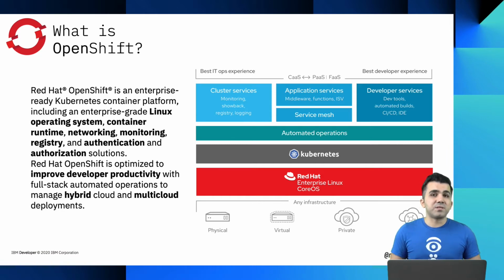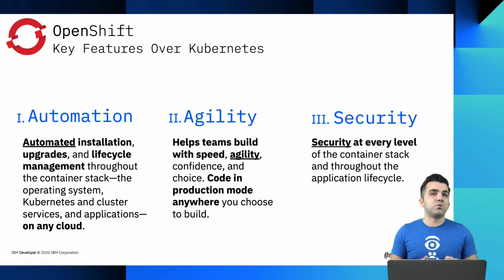And that basically brings us to three key important features of OpenShift over Kubernetes: automation, agility, and security. Automation is achieved from this automated installation lifecycle management on any cloud.